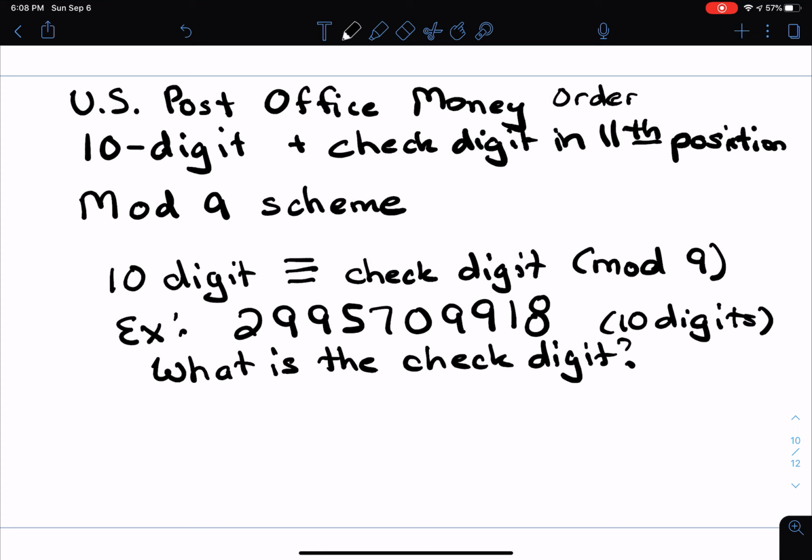You could take this and divide by 9 to see what the remainder is.